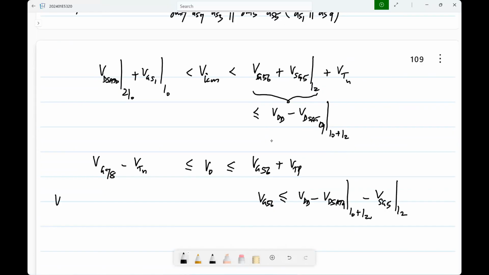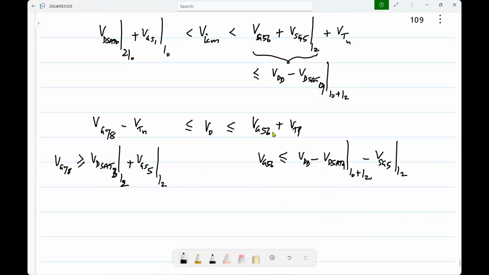Similarly, VG78 must be greater than or equal to VD-SAT7 at a current of I2 plus VD-SAT3 at a current of I2 plus VGS5 at a current of I2. Okay. Right.